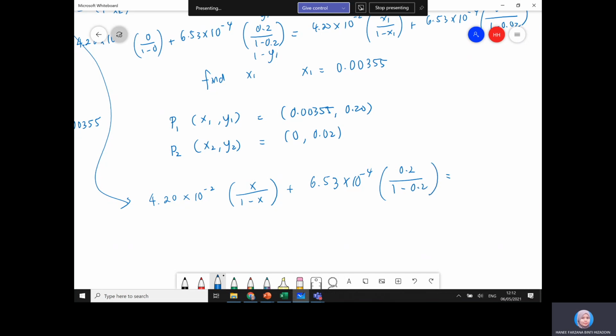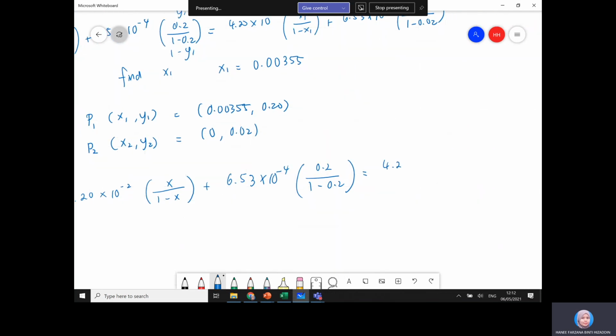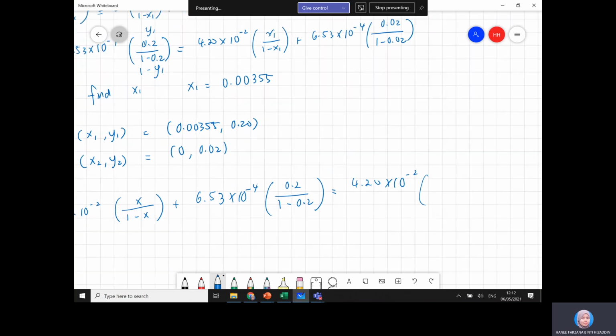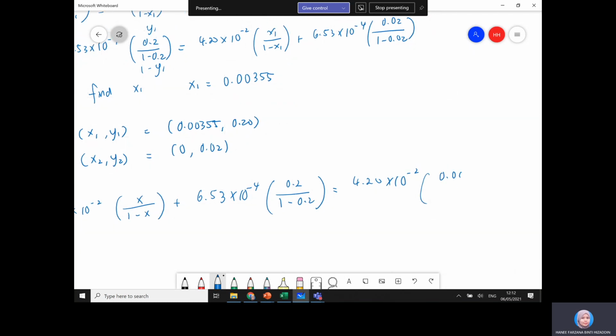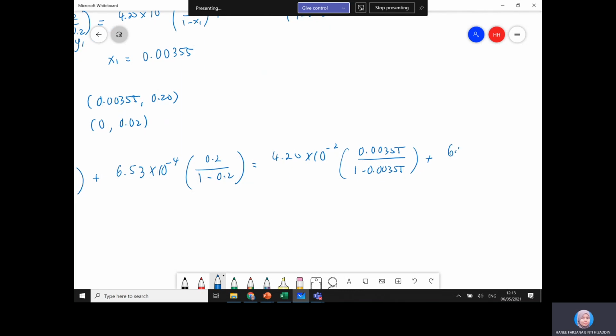Equal to 4.2 times 10 to the minus 2. Now X1 we already know, so we put in the value 0.00355 over 1 minus 0.00355, plus the gas flow rate 6.53 times 10 to the minus 4.